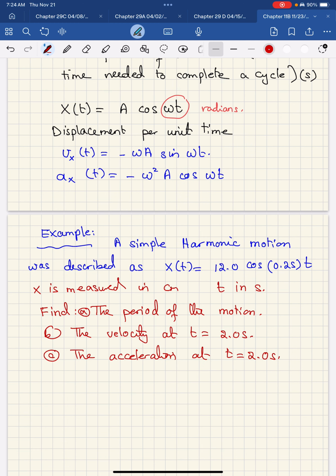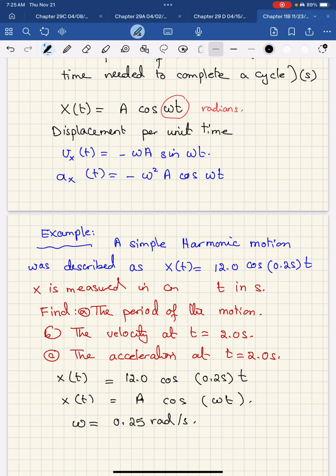Actually, from this equation we can derive so many quantities. If we compare this one with the general one, then we know here that the first, omega, is 0.25 radians per second.